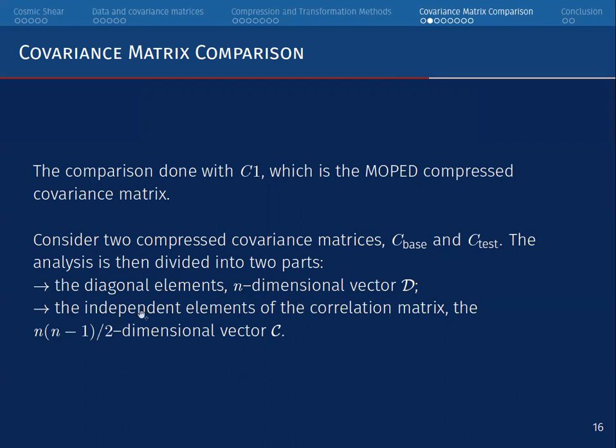The analysis is then divided into two parts. We're interested in differences in the diagonal elements and in the independent elements of the correlation matrix. The whole algorithm is based on a Monte Carlo analysis.